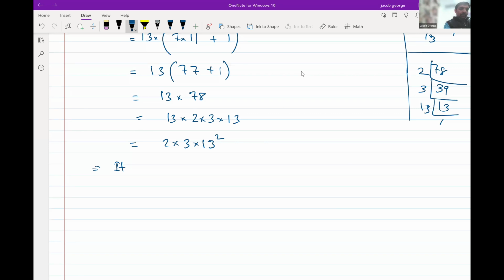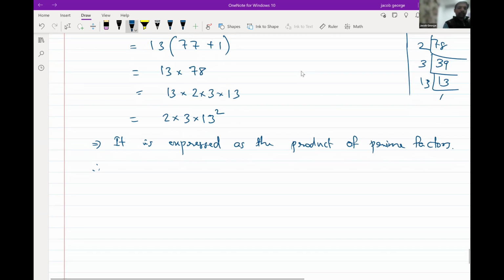That is, it is expressed as the product of prime factors.